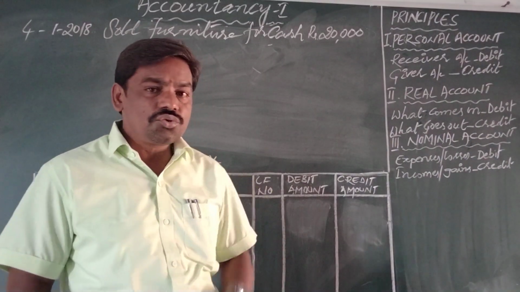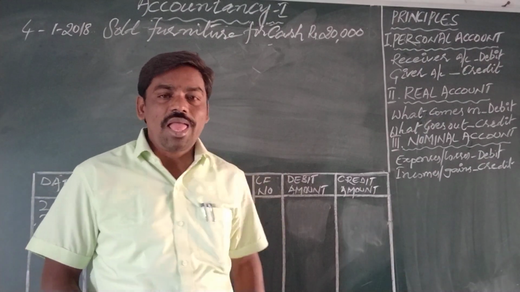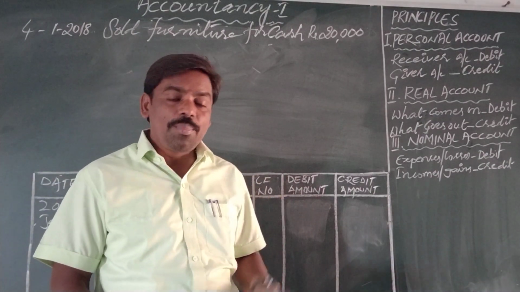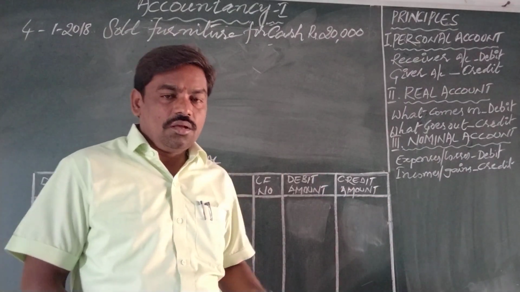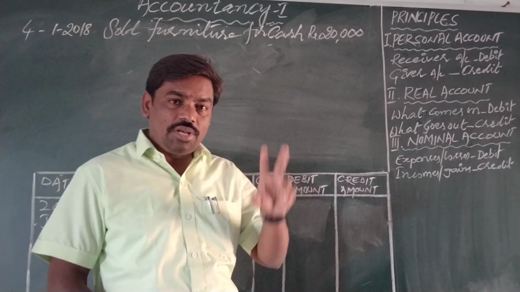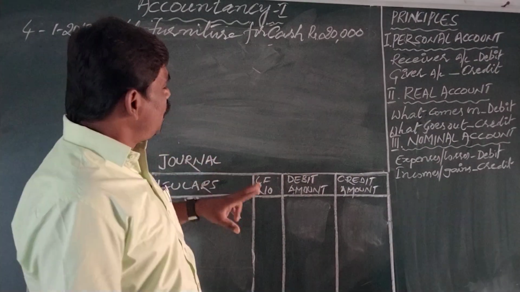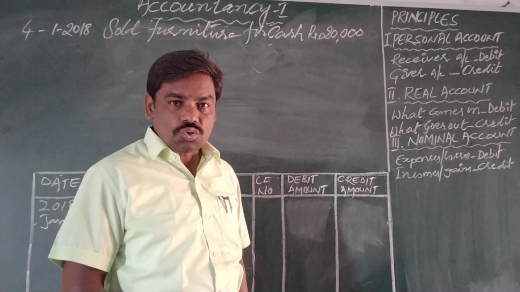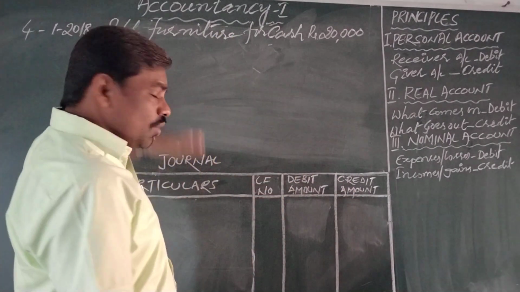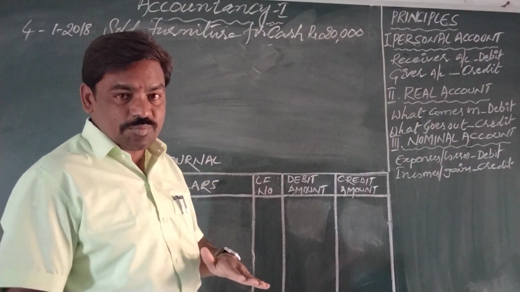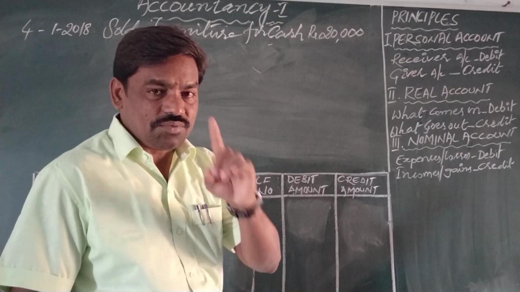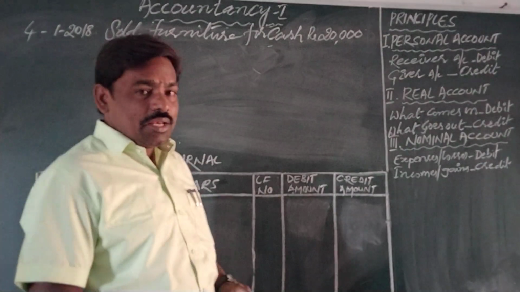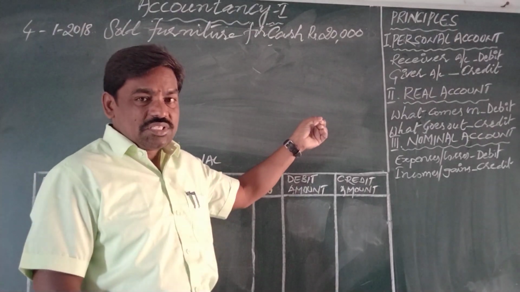Here we need to identify two aspects as per the dual aspect concept. So according to the dual aspect concept, we need to identify two aspects in this business transaction. To identify these two aspects, we need to ask ourselves some questions. So what are they? See, first one, is there any name in the business transaction?